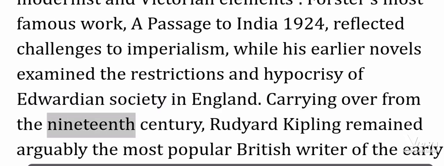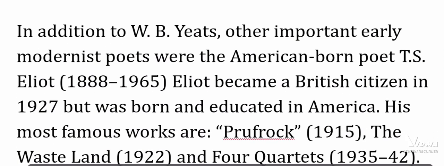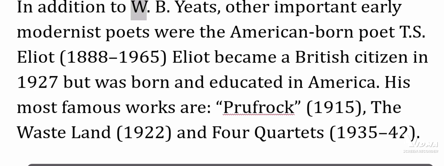Carrying over from the 19th century, Rudyard Kipling remained arguably the most popular British writer of the early years of the 20th century. In addition to W. B. Yeats, other important early modernist poets were the American-born poet T.S. Eliot, 1888 to 1965.